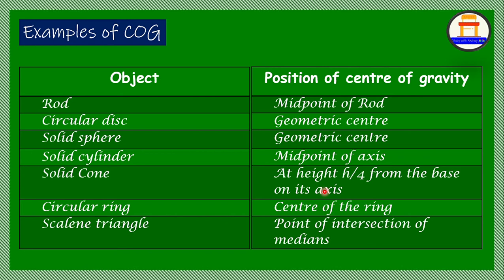Where all these median line segments intersect, that point is where the center of gravity of a scalene triangle lies. A scalene triangle is a special case of triangle in which all the sides and all the angles are different, and the sum of all the angles is 180 degrees, which is the main criterion for a triangle.